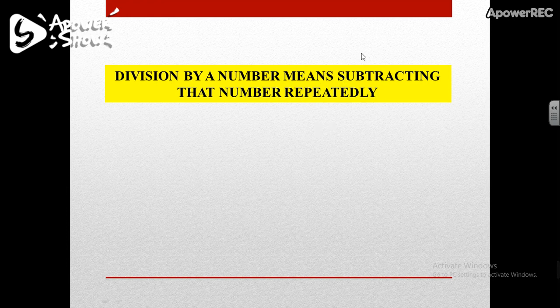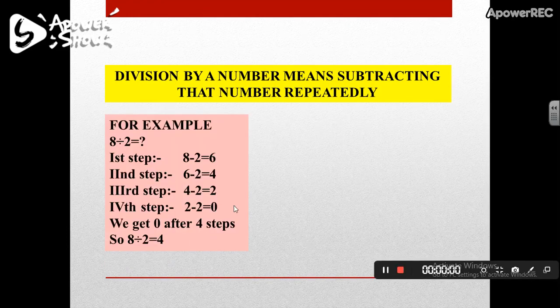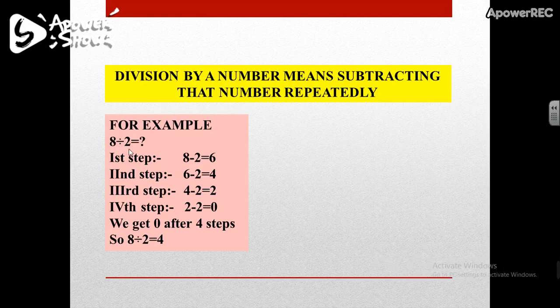So let's try to understand this statement by means of an example. So here I am taking an example in which I am going to divide 8 by 2. I am not doing it in the usual way or by following the process of division. I am doing it in another way where I am subtracting 2 from 8 repeatedly. So first step, 8 minus 2 equals 6.